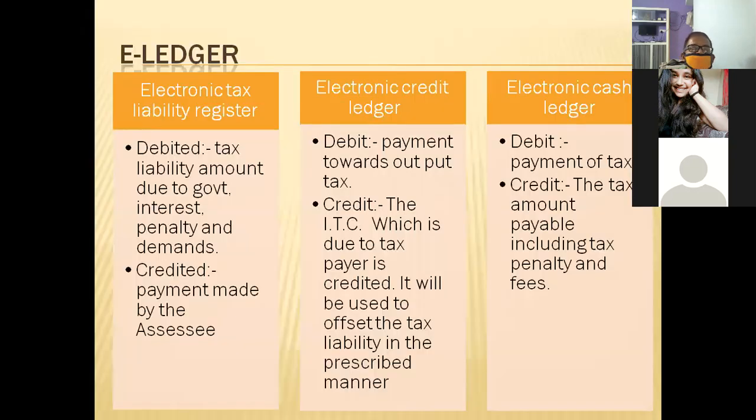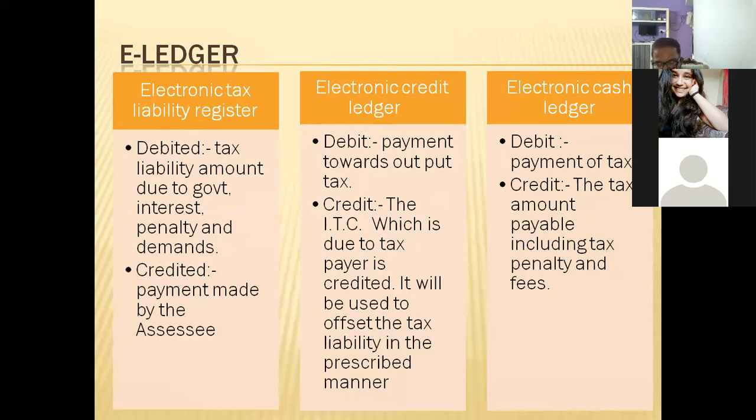Repeating once again: in the liability ledger, the total tax due is entered in the debit column, and whatever payment is made by the assessee, taxpayer, or registered dealer is entered in the credit column. Similarly, in the credit ledger, whatever you pay towards output tax is entered in the debit column, and whatever you paid towards input tax is entered in the credit column.